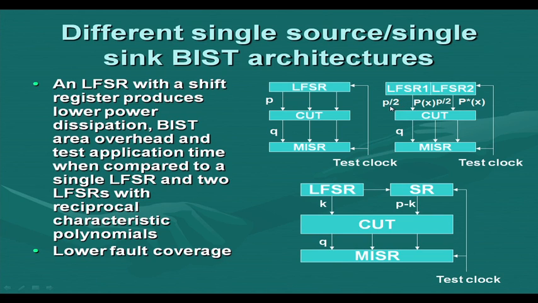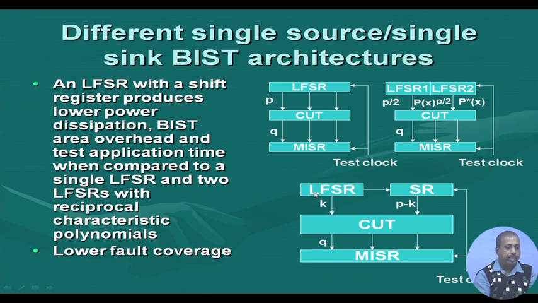If the original LFSR is of length p, these are of length p by 2 each, and it is done in such a fashion that the characteristic polynomial of the second LFSR is the reciprocal of the first. So, this is one configuration.